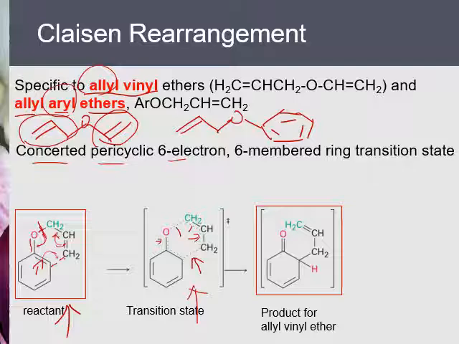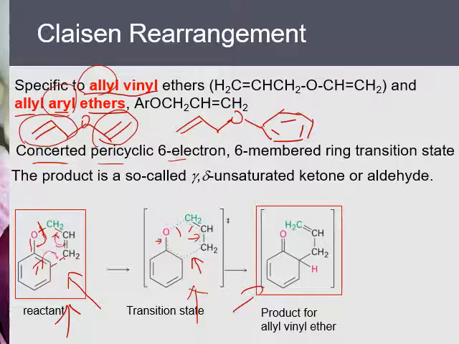Okay, so I would suggest you try to move electrons as shown here and see if you can get this product. This product is called a gamma delta unsaturated ketone. This is the ketone, and this next carbon is called the alpha carbon, and this is beta, gamma, delta.